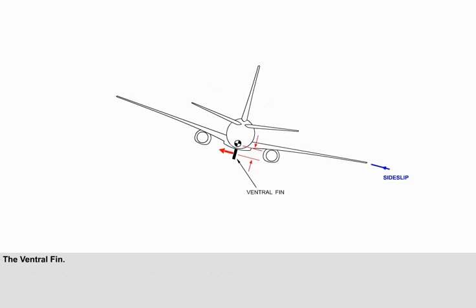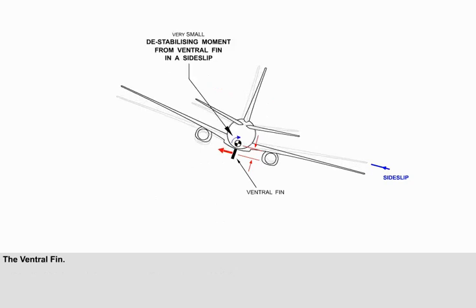The contribution of a ventral fin is very small indeed. As you can see, the aerodynamic force is in the same direction, but is acting below the CG and is destabilizing. For all practical purposes, any contribution of the ventral fin to lateral stability is insignificant.